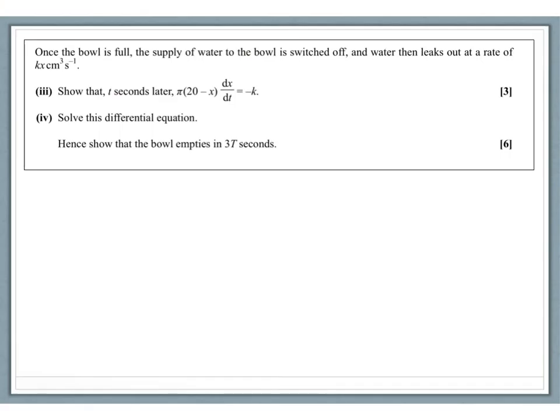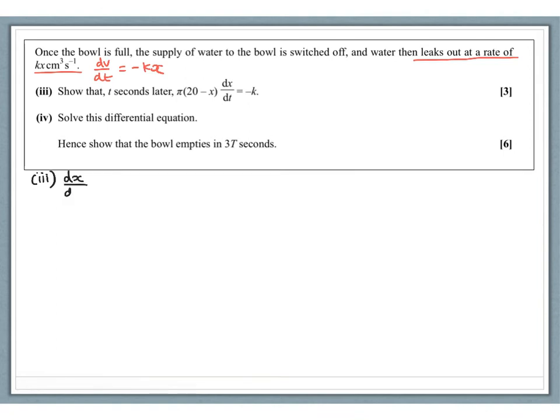So once the bowl is full, the supply of water to the bowl is switched off and water then leaks out at this rate here. Now, look at the units on this, centimetres cubed per second. Sometimes that can help you work out what information you've been given. It's volume per second, so it's dV/dt, and it must equal negative kx because the water is leaking out. So, part 3, we have to do something similar to last time.